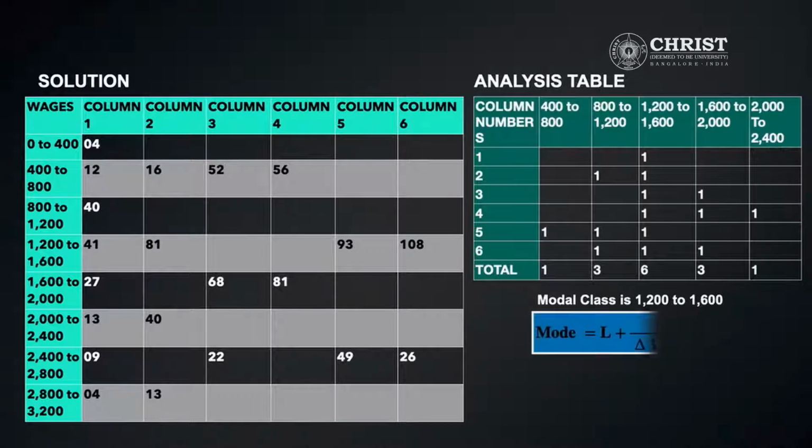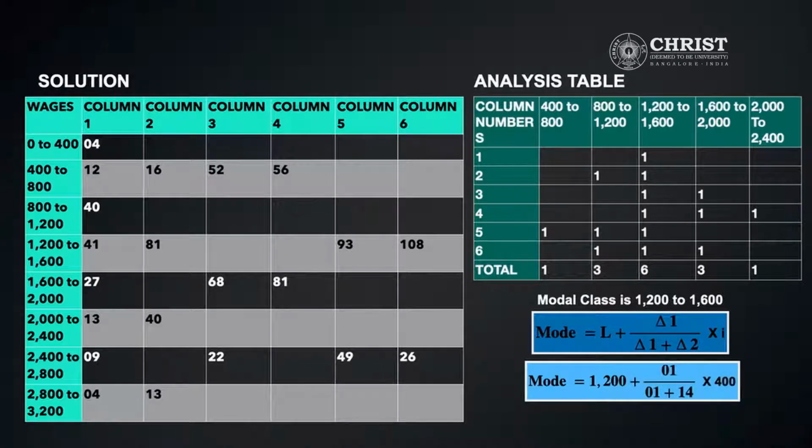Mode is computed using the equation L plus delta 1 divided by delta 1 plus delta 2 into I. Substituting the values, we get 1200 plus 1 divided by 1 plus 14 into 400. 400 is the class interval. So you will get the value as 1226.67 rupees. We have to mention the units.